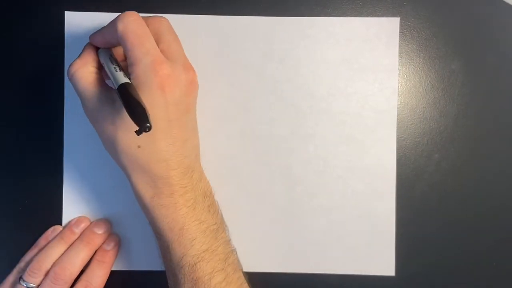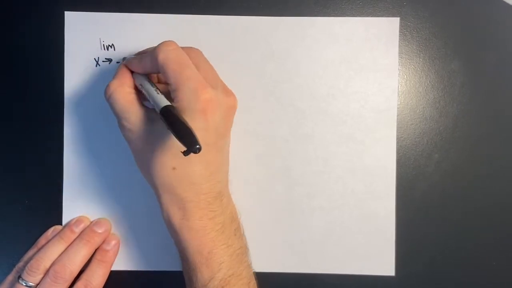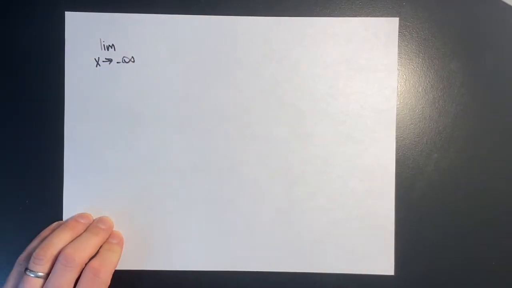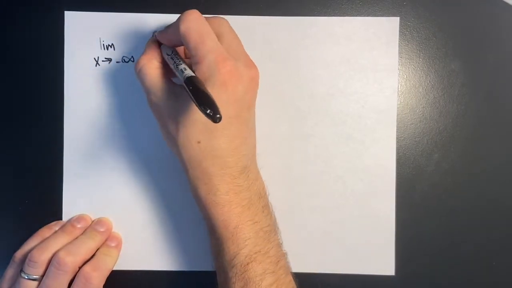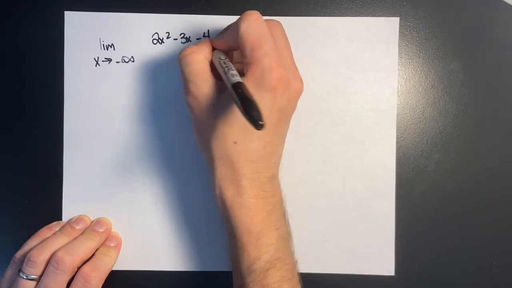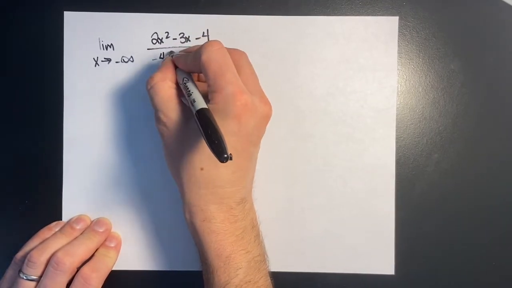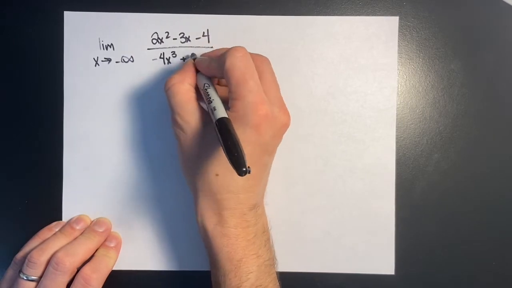Alright, example A, we are to find the limit as x approaches negative infinity of 2x squared minus 3x minus 4 over negative 4x cubed plus 5.